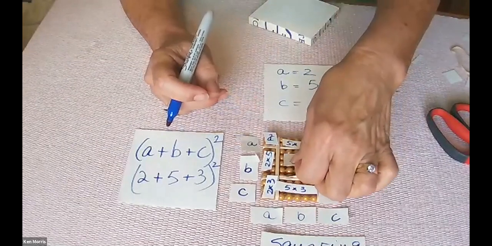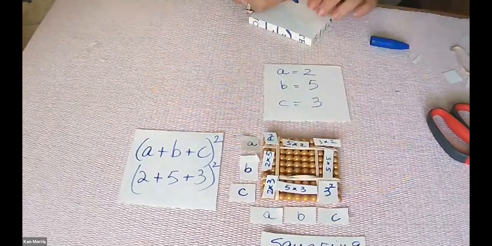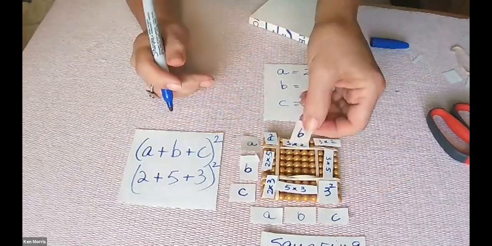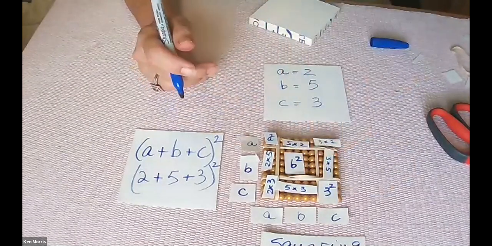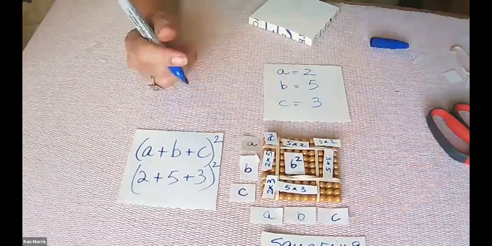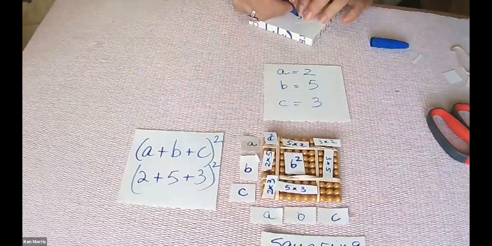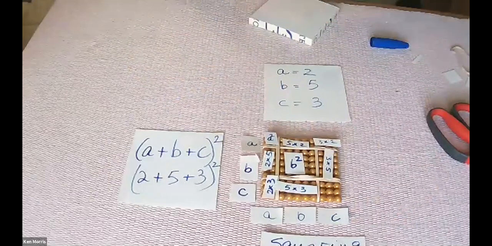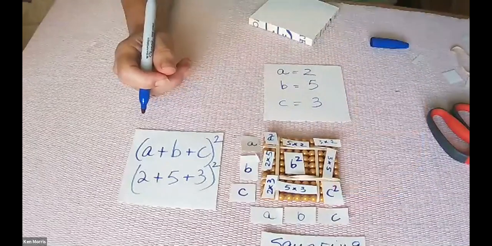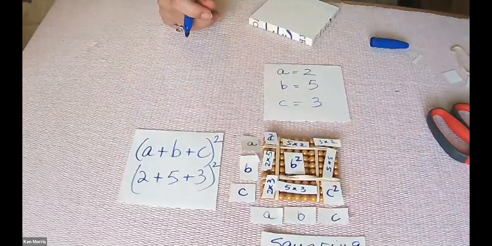I'm going to do the same with my 5 squared. That's going to be b squared, because b is equal to 5. My 3 squared will be c squared, because c is equal to 3. So there are my 3 perfect squares.